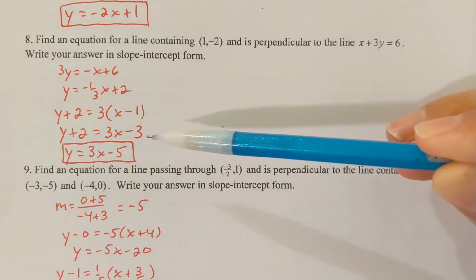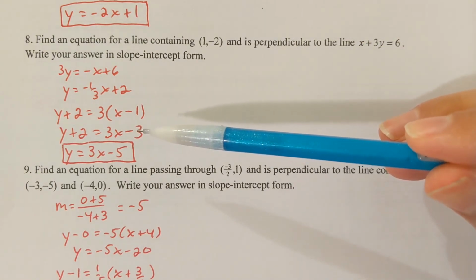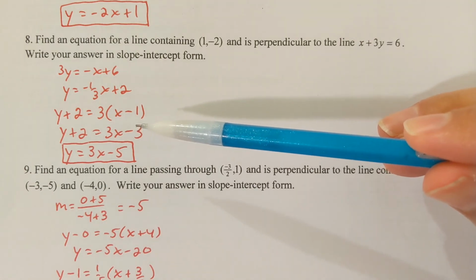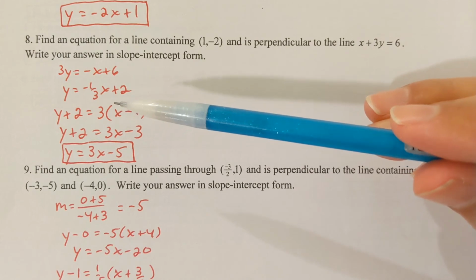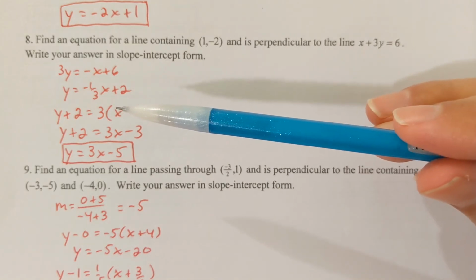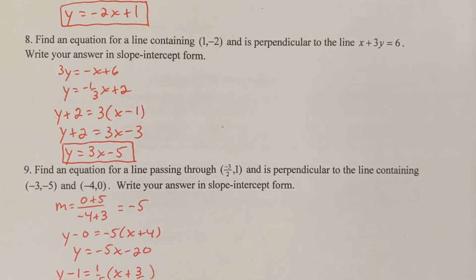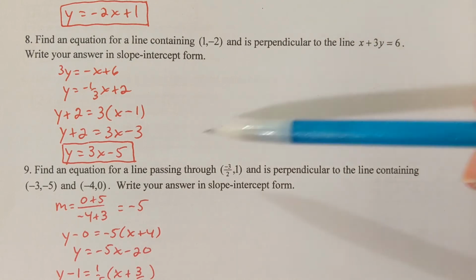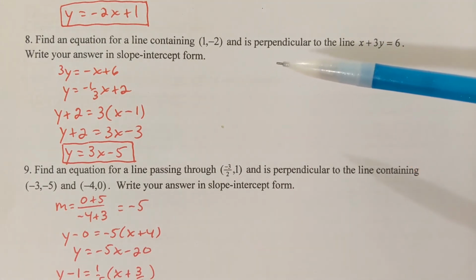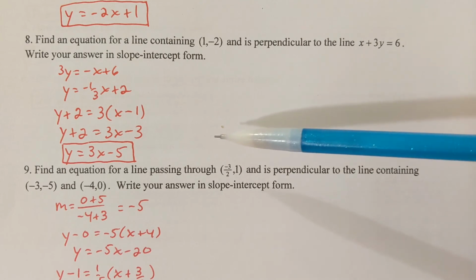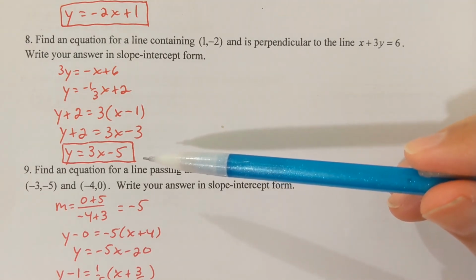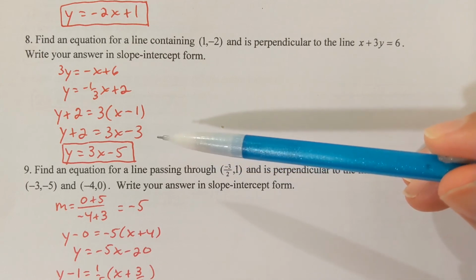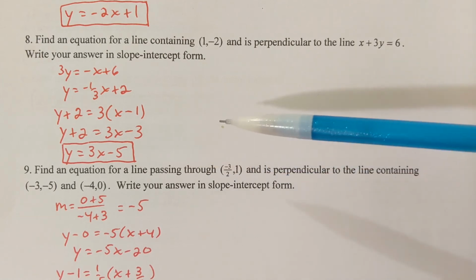So y plus 2 equals 3, the reciprocal of negative 1/3, times x minus 1. Okay, so y plus 2 equals 3x minus 3, y equals 3x minus 5 would be the answer on that one.